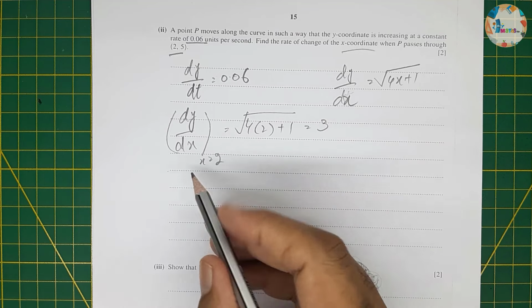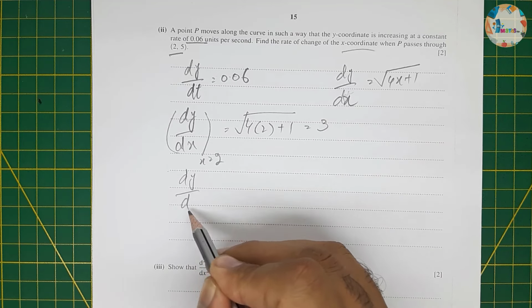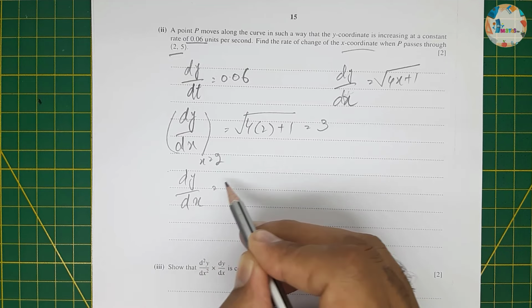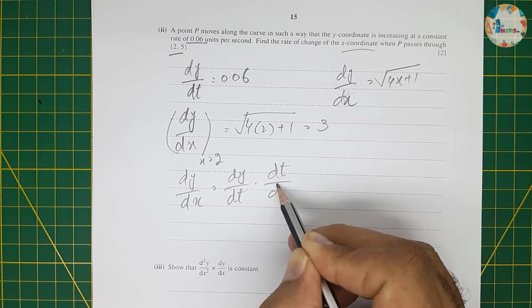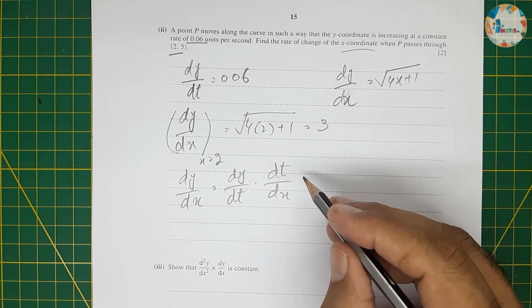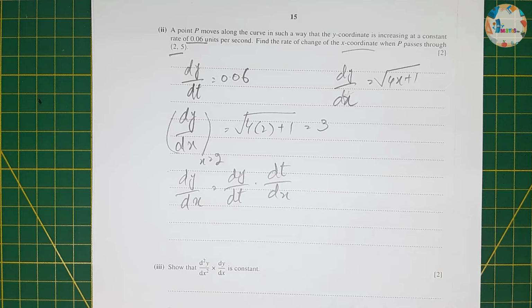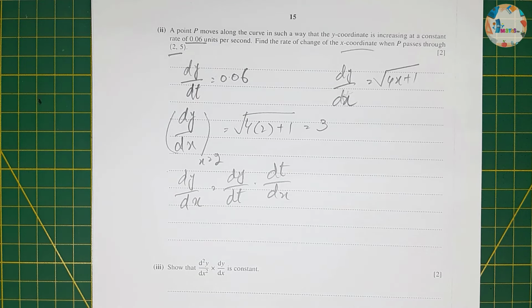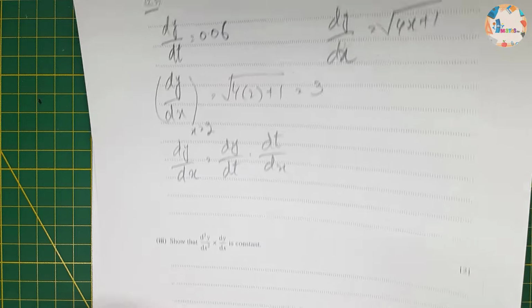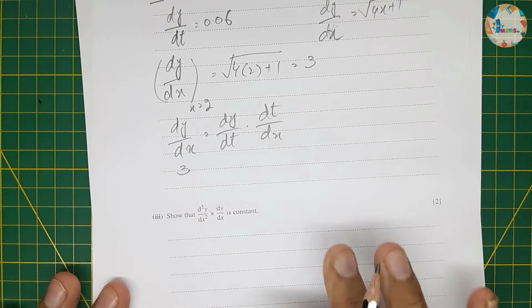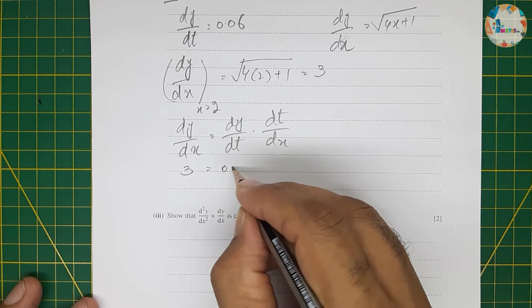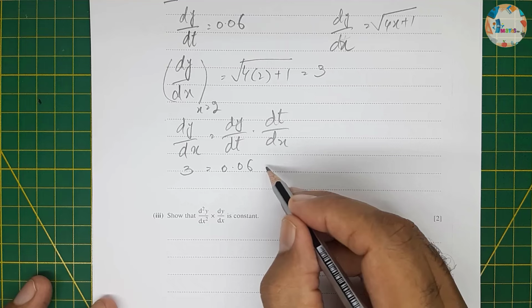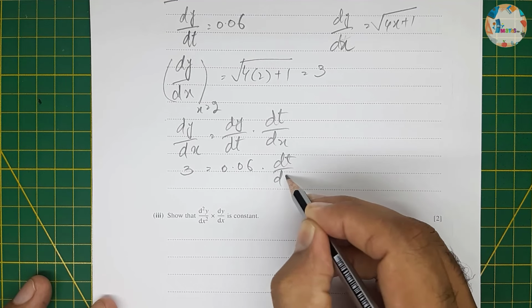So we got this. Now dy over dx is equal to dy over dt into dt over dx, and this value dy by dx we know is equal to 3, so we can replace it here with 3, and this is equal to dy by dt, which is also provided as 0.06, times dt over dx.